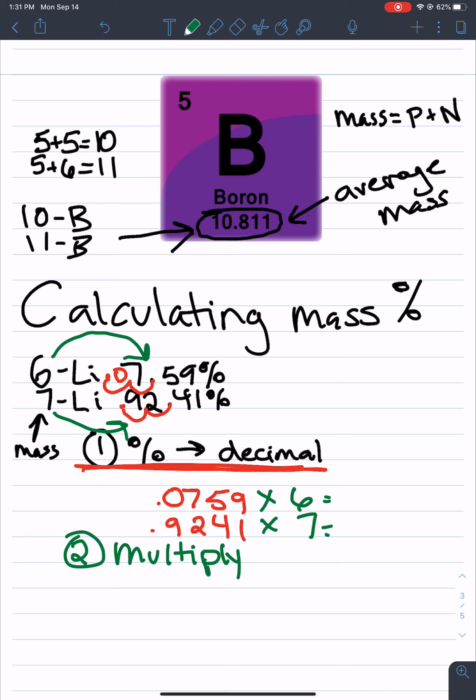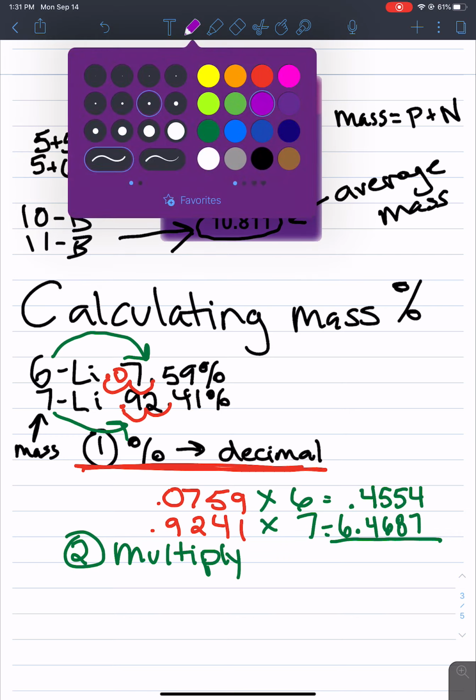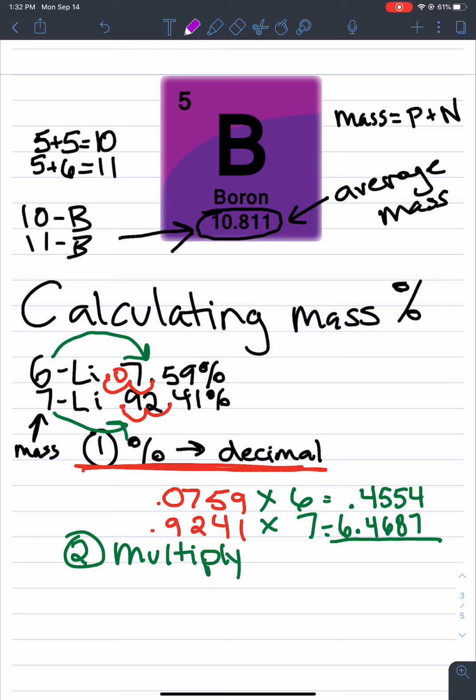You just write off to the side what these answers are. I already did it earlier, so I know that the first one is 0.4554, and the second one is 6.4687. You can do those on your calculator, double check, and make sure you know how to plug these numbers in because you will be doing that on your test.